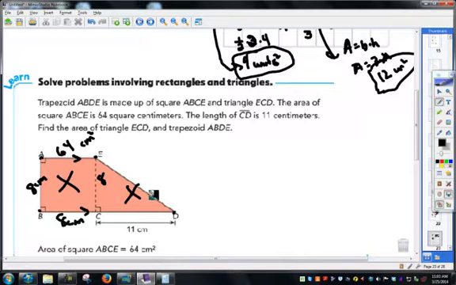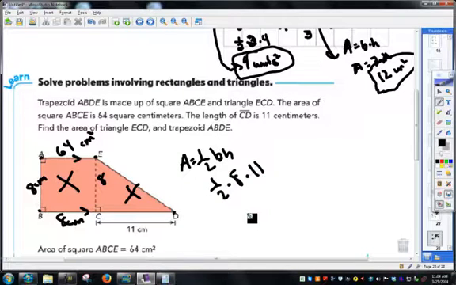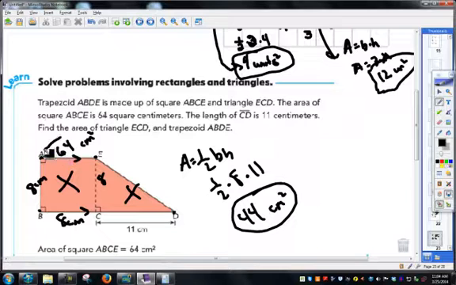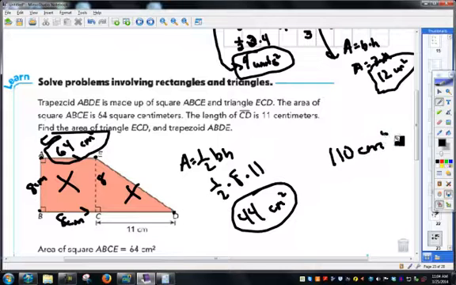So the triangle's area equals 1/2 base times height, which is 1/2 times 8 times 11, giving me 44 centimeters squared. 44 plus 64 gives me 110 centimeters squared. Does everybody see how I did that? I found the area of the square, the area of the triangle, and added them together.